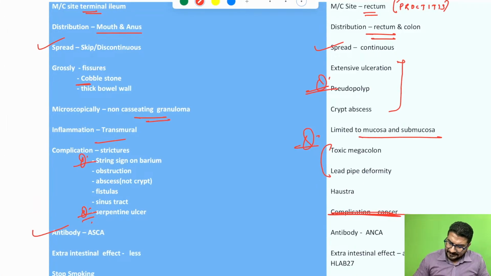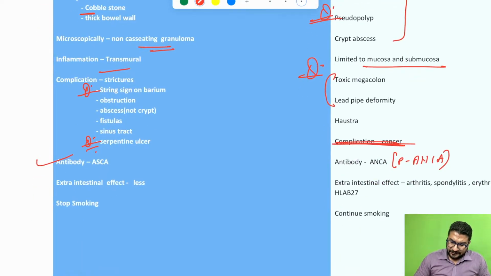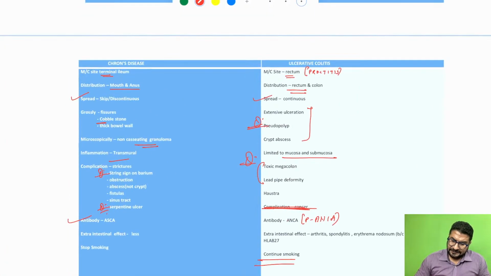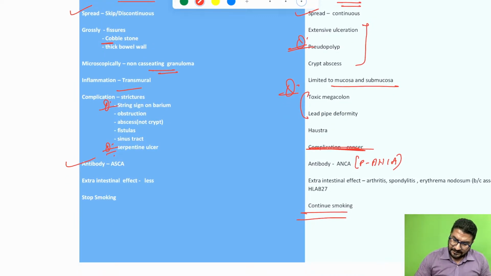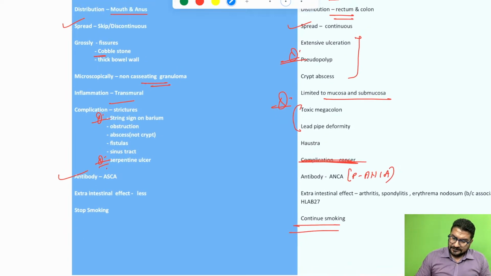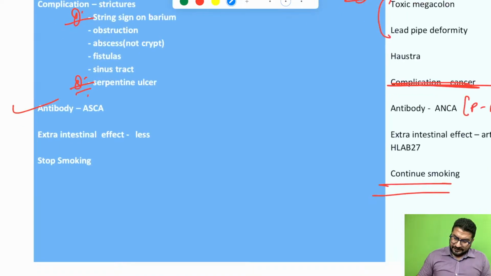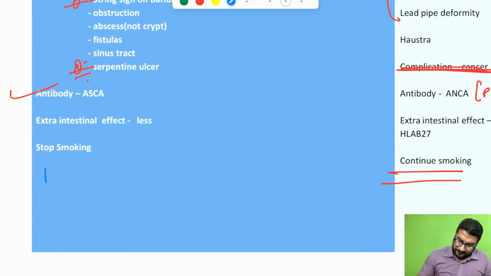Antibody will be ASCA, anti-Saccharomyces cerevisiae. Here antibody will be P-ANCA. Here smoking is bad, you should stop smoking. Here smoking is protective. So these are the differences between Crohn's disease and ulcerative colitis. If I talk about which disease has more relapse, Crohn's will have more relapse.